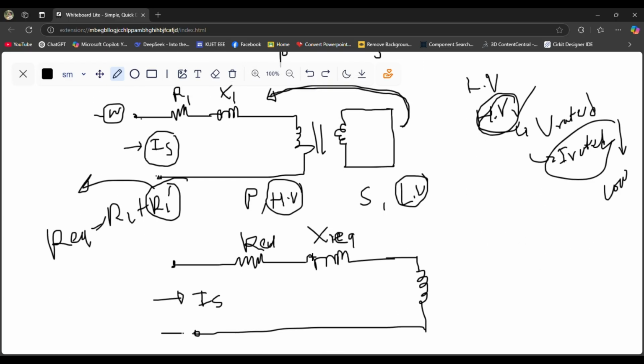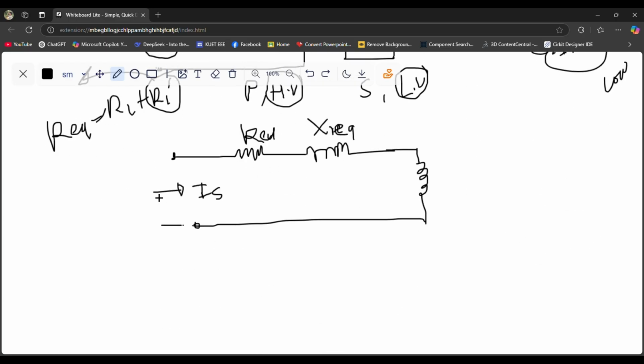So let's go to the experiment now. To get this supply current we have to provide the voltage, right? Obviously, without voltage how can we get the current? This voltage can be measured by the voltmeter, the current will be measured by the ammeter, and then we measure the power with a wattmeter.